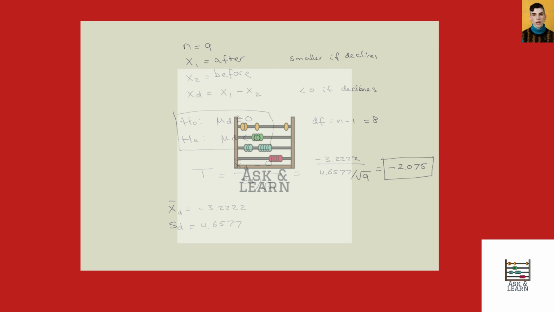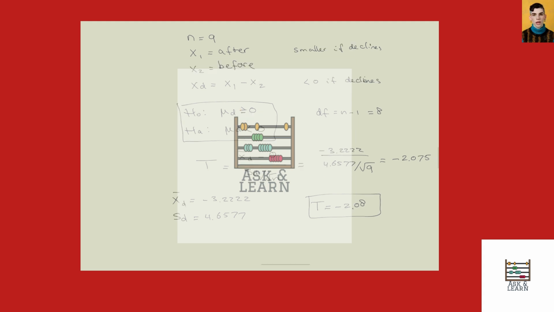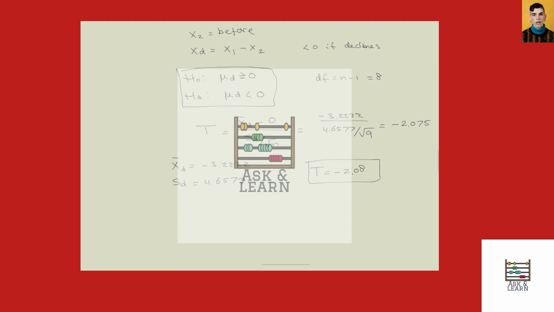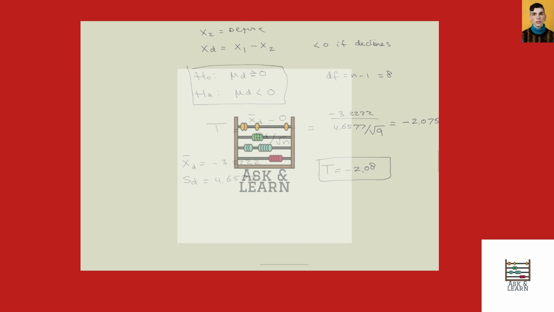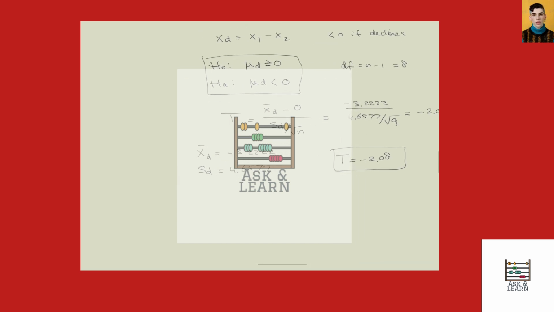We round to 2 decimal places, so our t is equal to negative 2.08 is our test statistic. And then for part C, say the critical value for alpha is 0.05. Well, we had 8 degrees of freedom.